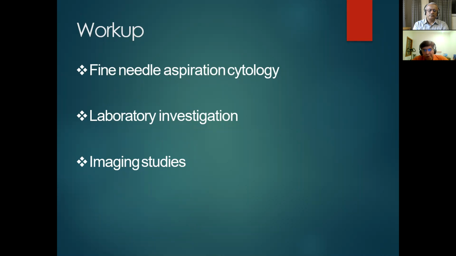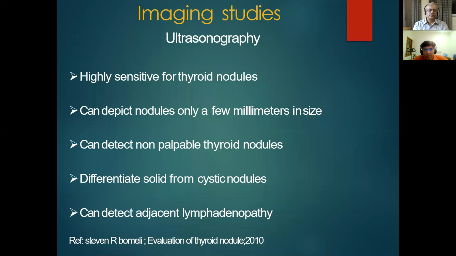But for theoretical purposes, I'll go one by one. So high frequency ultrasonography is used here. Highly sensitive for thyroid nodules, it can depict nodules varying from a few millimeters in size. It can detect non-palpable thyroid nodules. It will differentiate solid from cystic nodules, and it can detect adjacent lymphadenopathy.